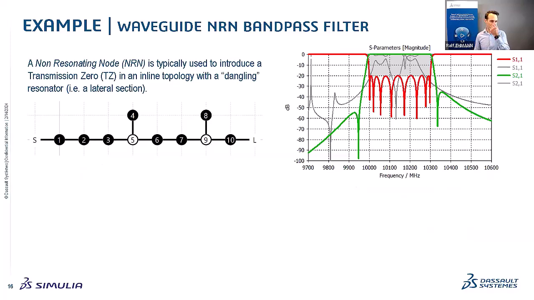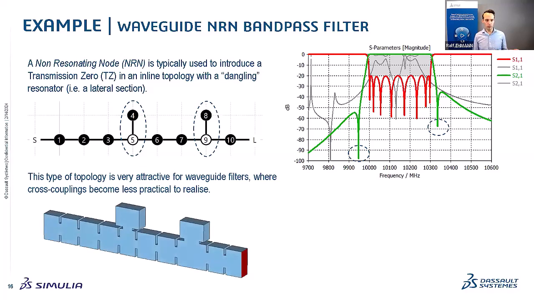The idea is that these dangling resonators attached to these non-resonating nodes, which is depicted here in the picture, are realizing these transmission zeros respectively. So this allows you to work with inline topologies and have these dangling resonators and quickly introduce transmission zeros without cross couplings. For example, in a waveguide filter, it's quite difficult to realize cross couplings, or it is less practical depending on what you are trying to achieve.